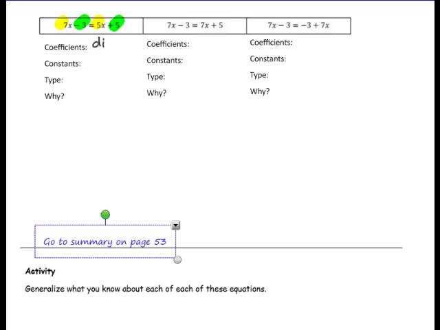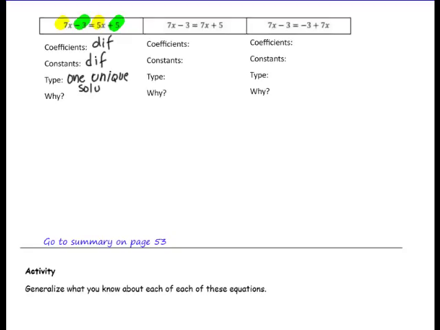When the coefficients are different and the constants are different, this will result in one unique solution. Why? Because the coefficients are different.